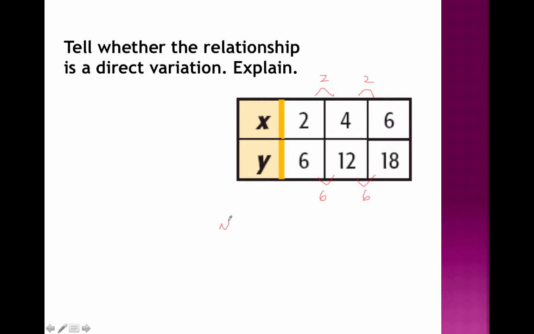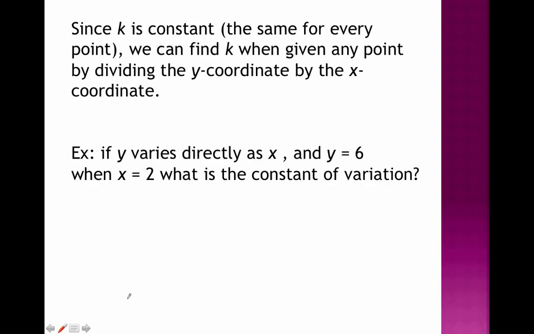So starting with that, let's see if that worked. So y equals 3x. Every time I plug in my 2, I get out 6. I plug in my 4, I get out 12. So this is my function rule, f of x equals 3x. Therefore, I have a direct variation with a constant of variation of 3.